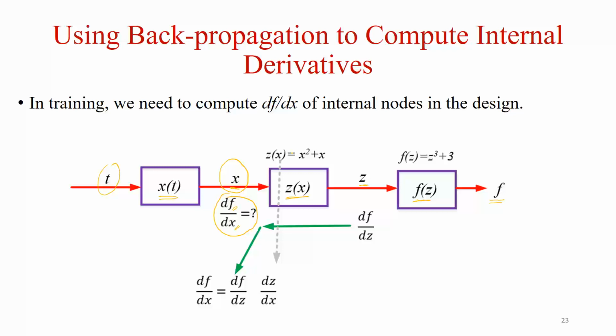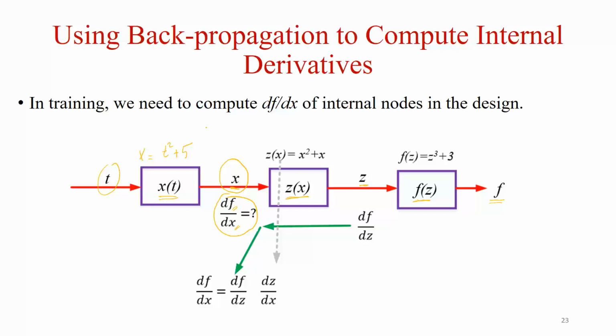Example of z will be, for instance, x squared plus x. Example of f will be z to the power 3 plus 3. And example of x will be t squared plus 5, for example.